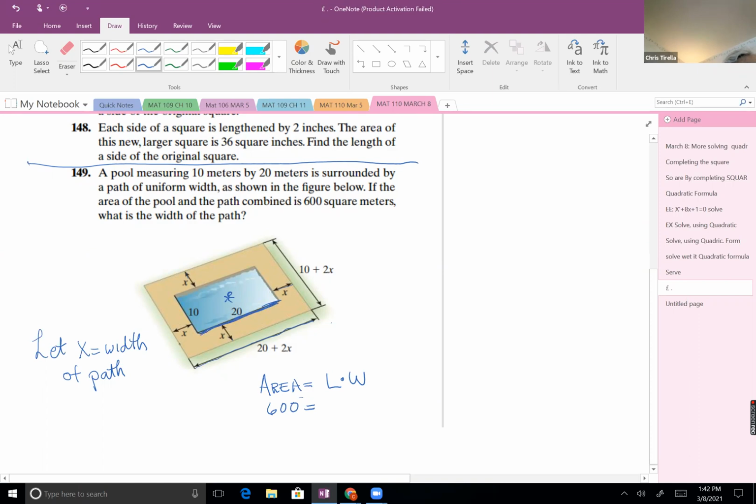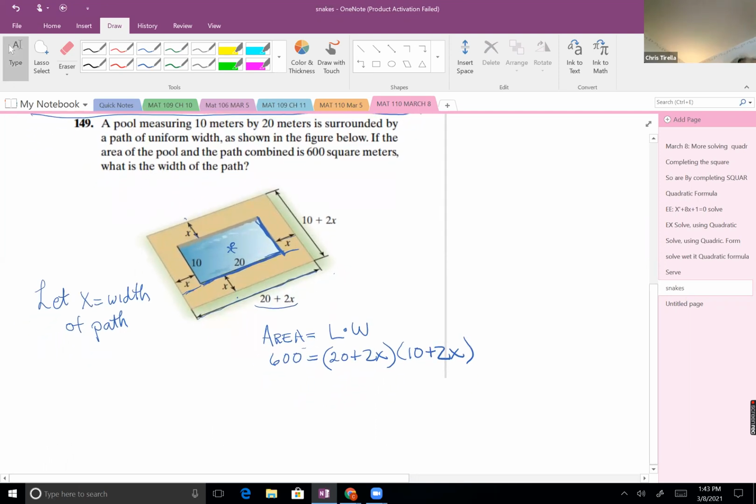And you see how we're adding X on both sides. So that dimension is 20 plus 2X. And in the same way, if this dimension of the pool is 10 and we're adding X to both sides, does it make sense that that other side will be 10 plus 2X? So that's the equation we need to solve. Before we start solving it, is everybody comfortable with that being our equation?